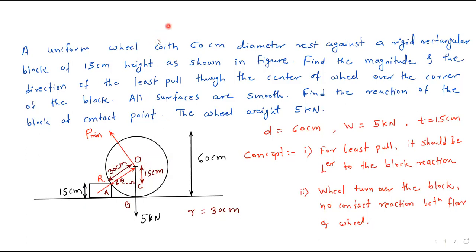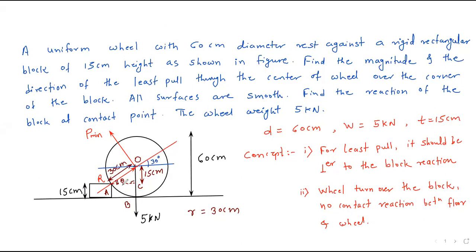If I show you here only, then also you will get the same thing. See, this is the horizontal line which I will draw. Okay. And again, if I extend this force line, see this line, if I extend it from here like this, then whatever the angle is there, this angle will also be 30 degree.